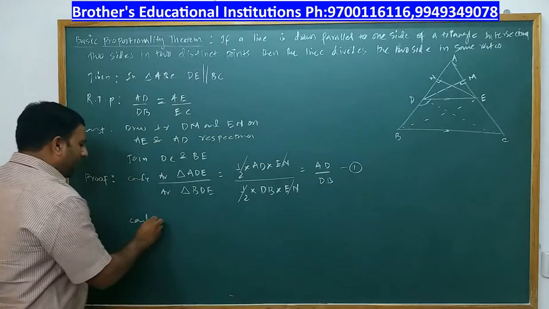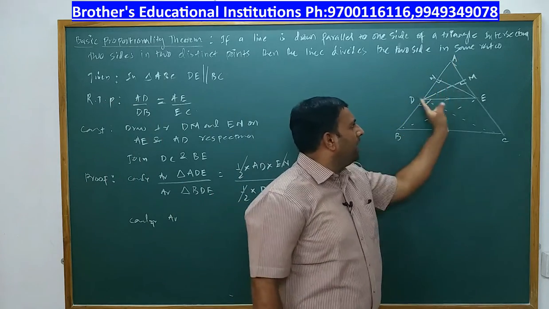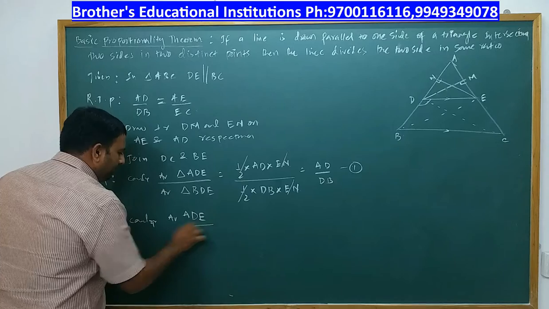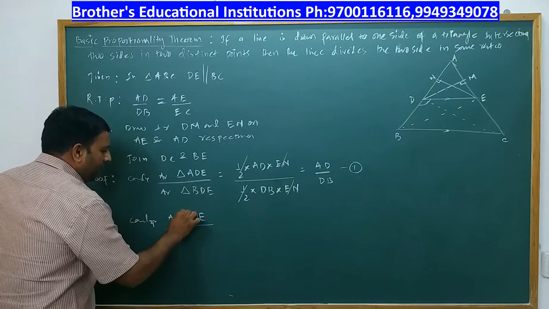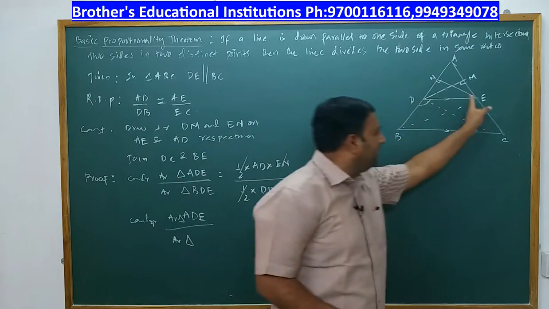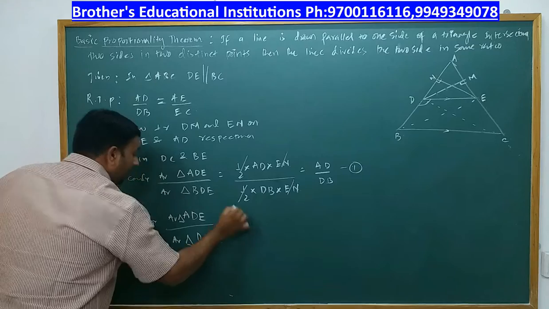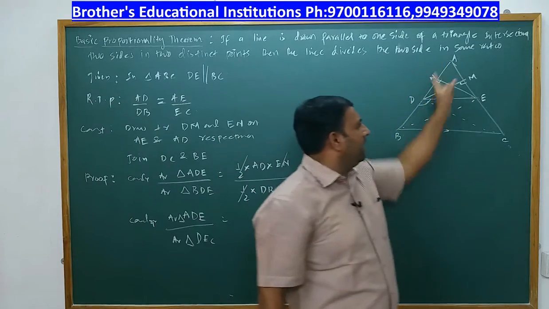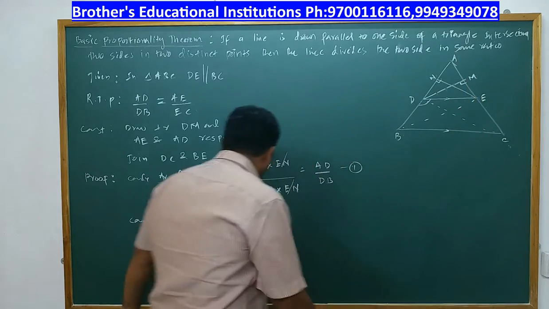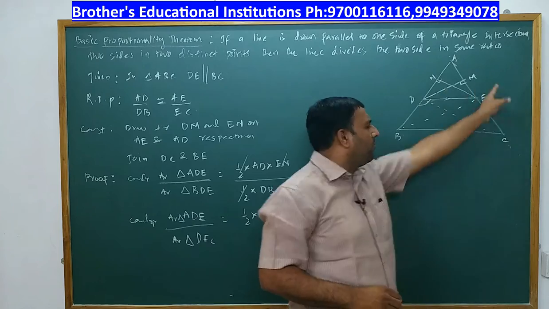Now again I will consider the area of triangle ADE by the area of triangle, this time, DEC. When you took triangle ADE in the previous case, you took the base as AD. Now this time you take the base as AE. So if you take the base as AE, the height will be DM.